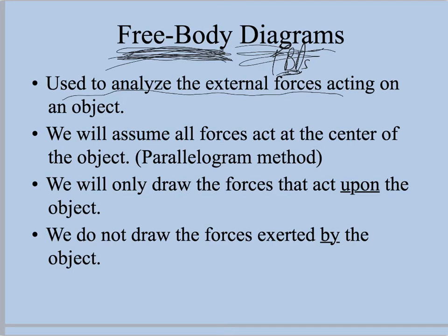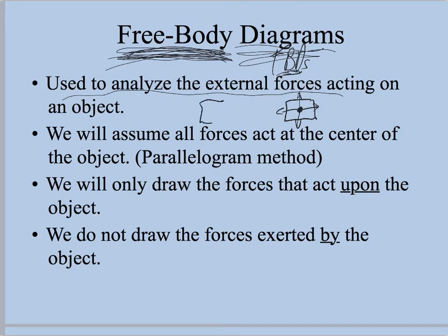All of the forces are, we're going to say, from the center of the object. So quite often, when you draw a free body diagram, you typically use a little dot. You don't have to draw a dot in the center, but usually when you draw all your vectors, they'll be coming out of that center dot, and that's just making it easier to understand all the forces acting on it.